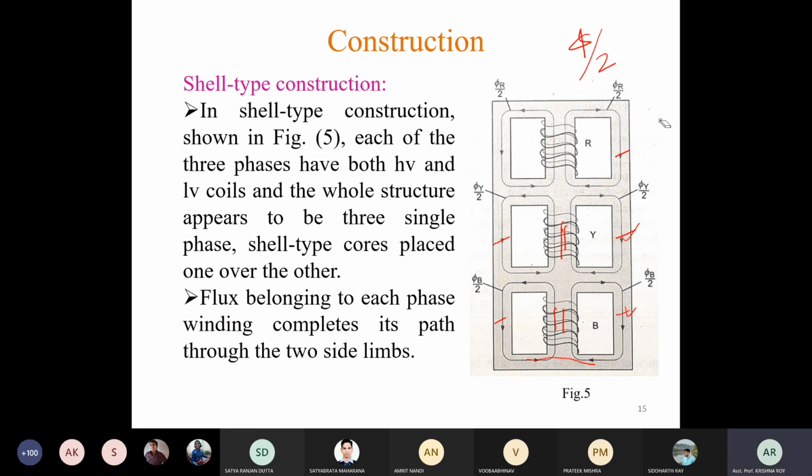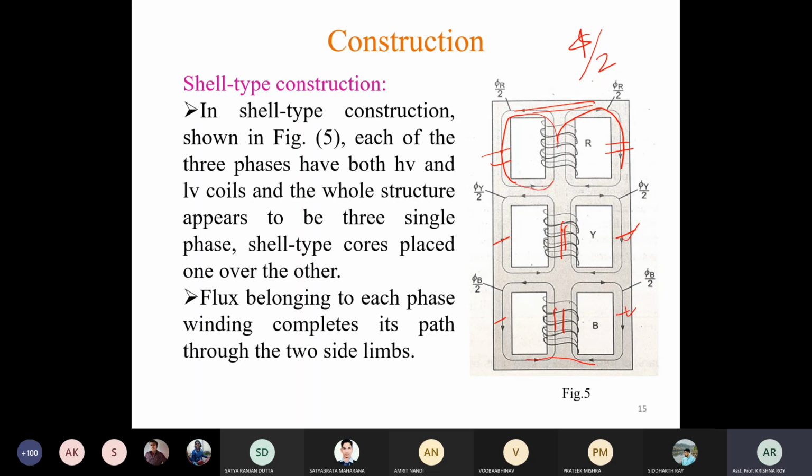Okay, now see, for any winding, let us consider this R phase. The flux line produced by this R phase winding completes its path through the two side limbs, thereby reducing the size of these two side limbs or legs, and also the yoke of this section, and it completes its path through this common section.